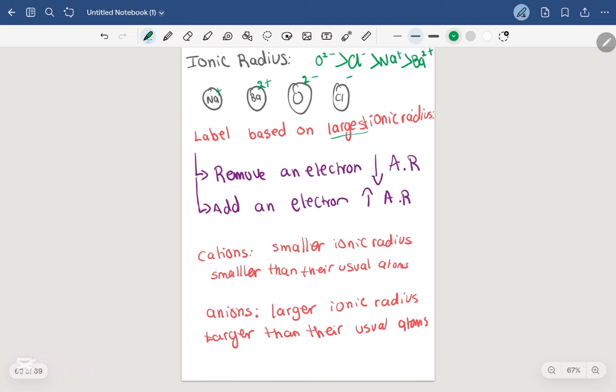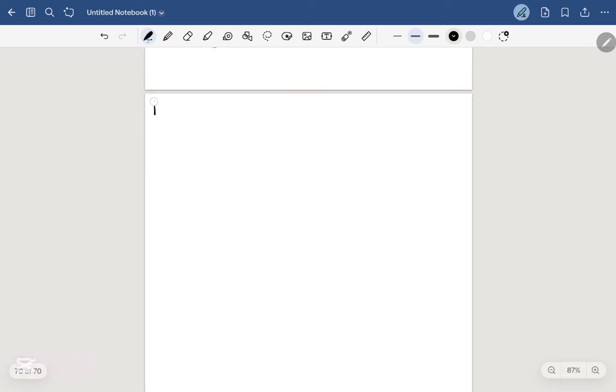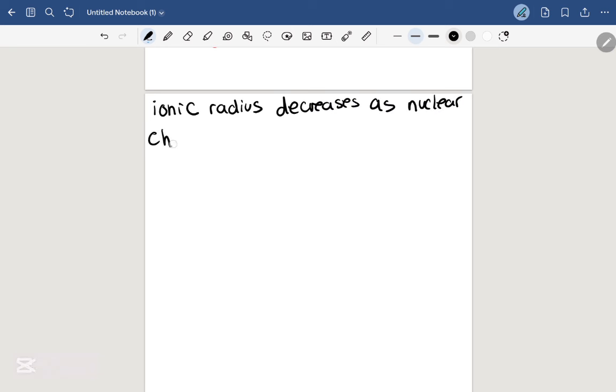Perfect. So from this, we can say, as a general rule, that ionic radius decreases as nuclear charge increases.